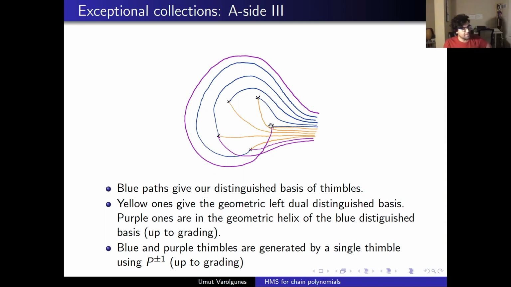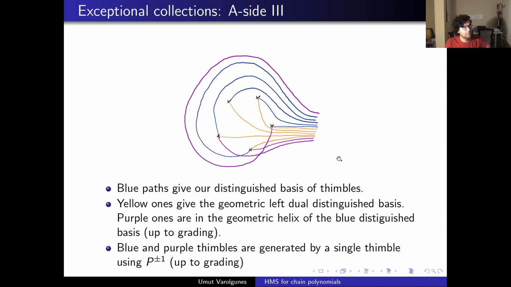Okay, but what are these purple ones? The purple ones are what I would obtain if I were to just keep acting by P on this initial Lagrangian that just goes along the positive real axis. I also allow myself to apply the inverse of this P. So it goes in the direction that I was applying P, like this is another one, and then in the other direction this is another one, this is another one.